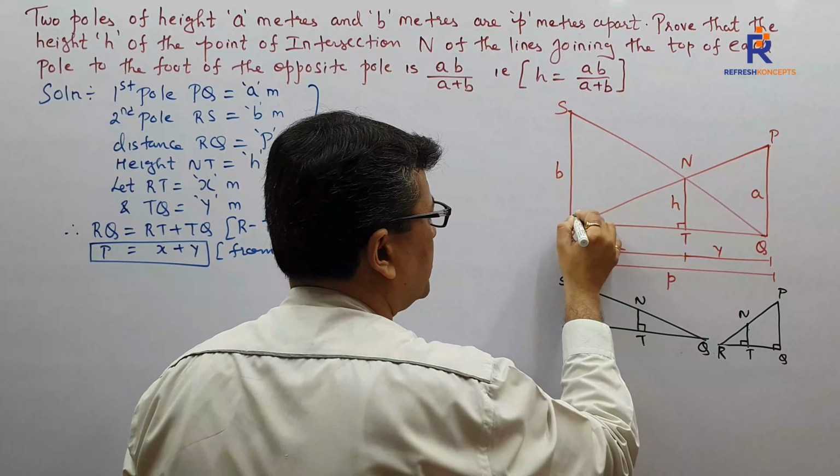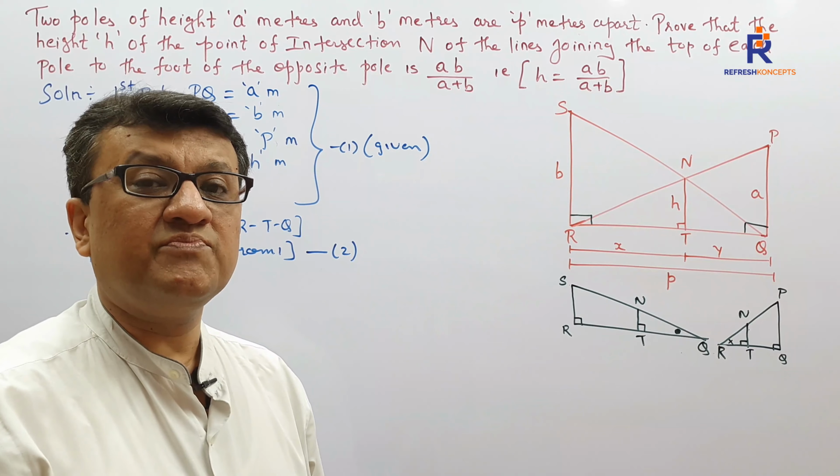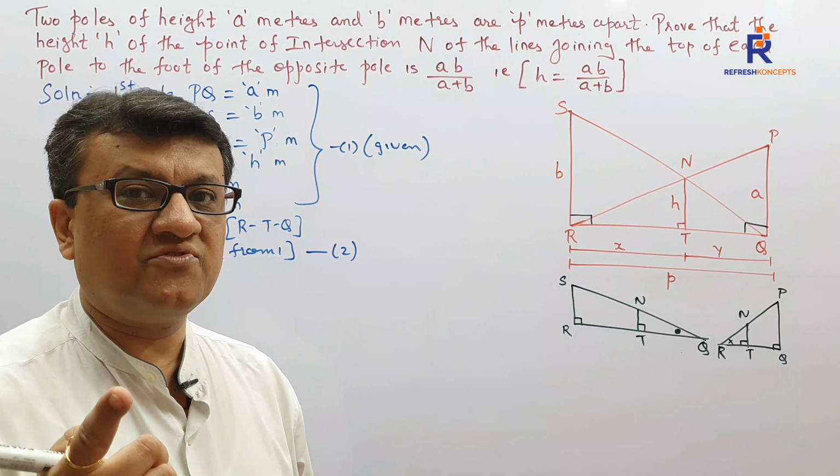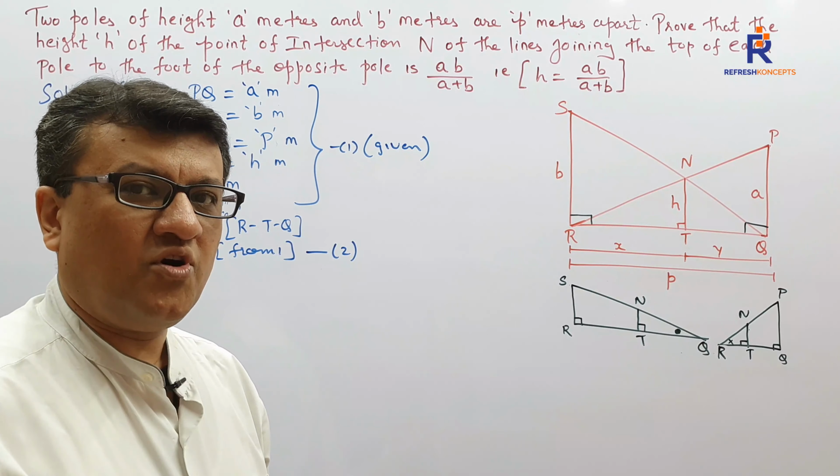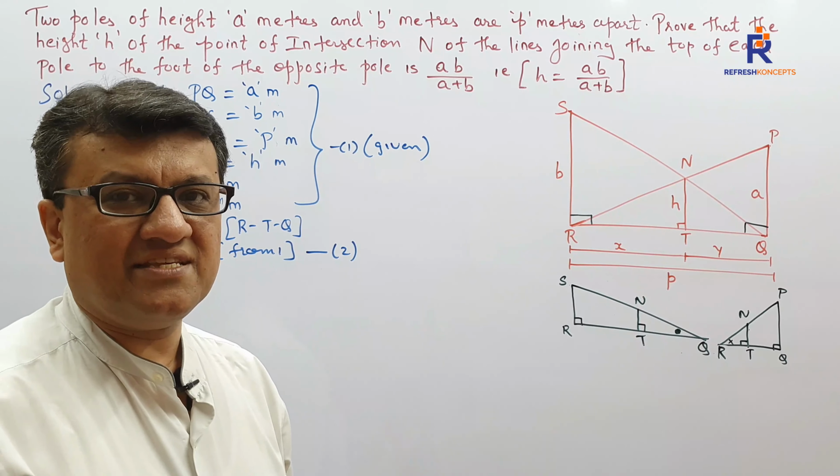Each is 90, common angle. On the same lines, PQR and NTR can be proved similar by AA test. Again, each is 90, common angle. Are we done? That's it. Once you prove two triangles similar, it's all about CSST, and it is that CSST which is going to give us the answer, because a, b, x, y, h, p are nothing but the sides of the triangles.